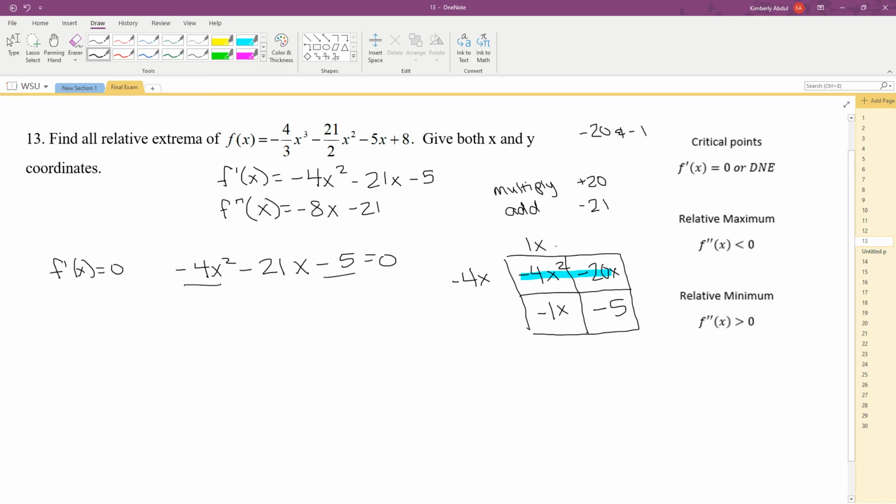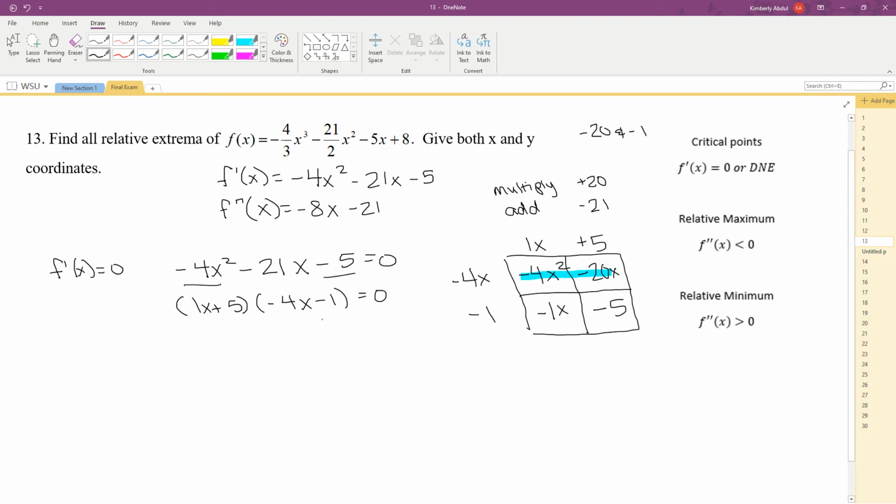And then negative 4x times positive 5 is equal to negative 20x right here. And then to make this part here, I would need to have negative 1. And negative 1 times 1 is negative 1x. And then negative 1 times 5 is negative 5. So the way that this is going to factor, we're going to get 1x plus 5 times negative 4x minus 1 equals 0.